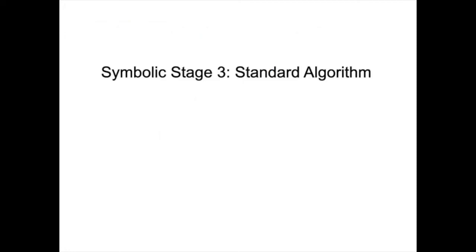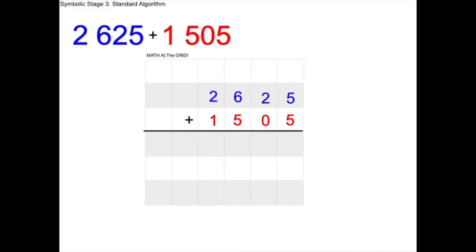Our final stage of addition is the standard algorithm. This is where we're just going to take the two numbers that we're adding together and place them one on top of the other, again making sure that our place value columns are lined up correctly. We'll be adding the first two numbers together. Now it should look like this based on stage 2, however that 1 actually doesn't belong there anymore.